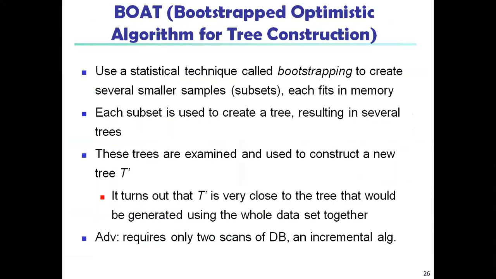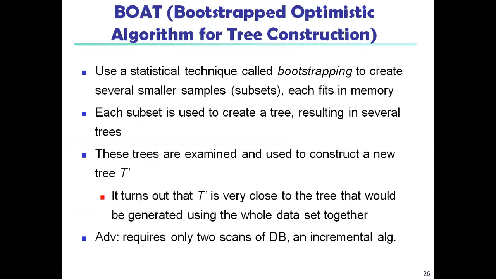Next one is the bootstrapped optimistic algorithm for tree construction. Use a statistical technique called bootstrapping to create several small samples, subsets, each fitting in memory. Each subset is used to create a tree, resulting in several trees.